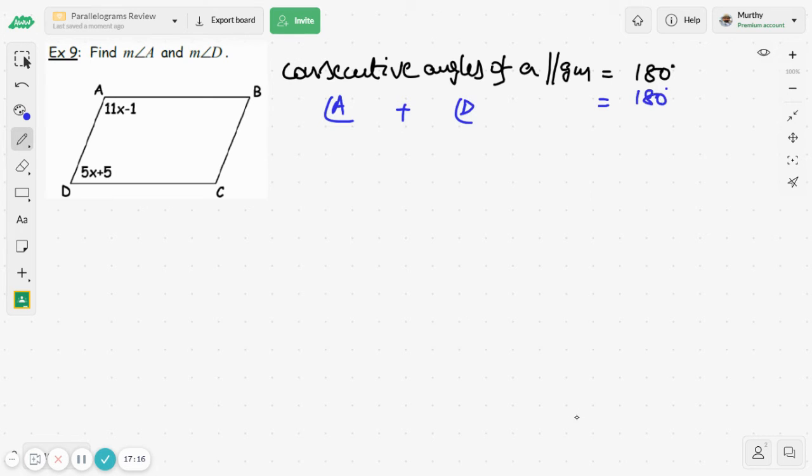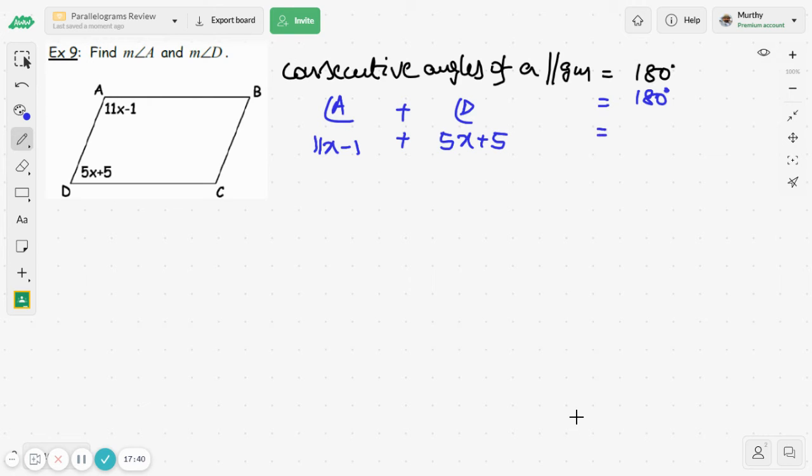Don't forget, sum of consecutive angles of a parallelogram, rectangle, square, rhombus, trapezoid. Not in trapezoid. In trapezoid only two pairs. That we'll discuss later. So A, I see, is 11x minus 1 plus 5x plus 5.